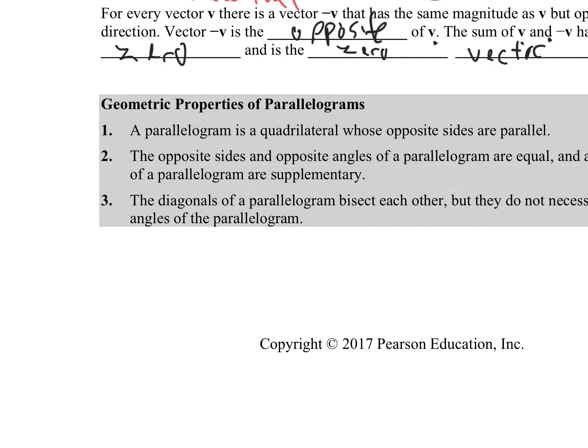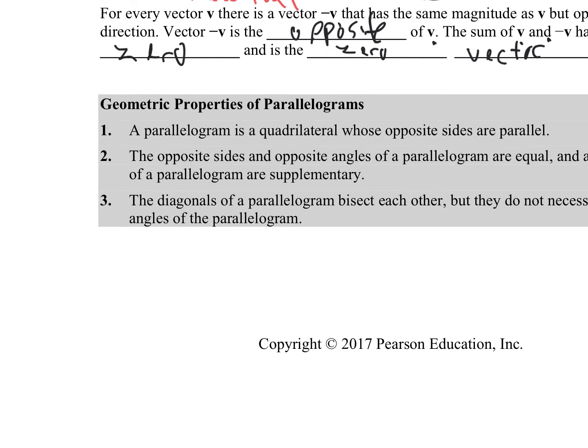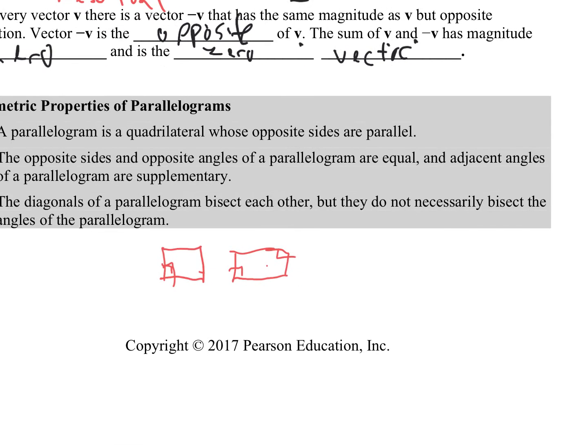Geometric properties of parallelograms, to remind you about your geometry. This is a parallelogram. You call it a square. This is a parallelogram. You've called that a rectangle. All squares are rectangles. But this is not a square, nor is it a rectangle, and it's still a parallelogram.